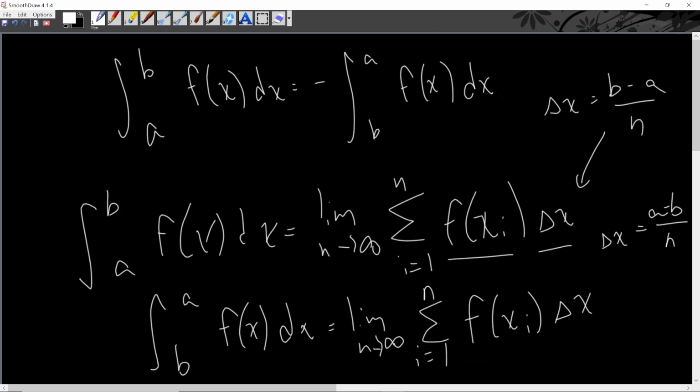And a minus b over n can also be written as negative b minus a over n, right? But we're getting a little bit ahead of ourselves.